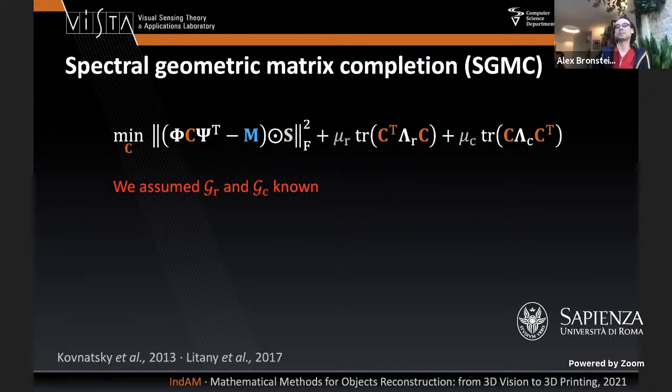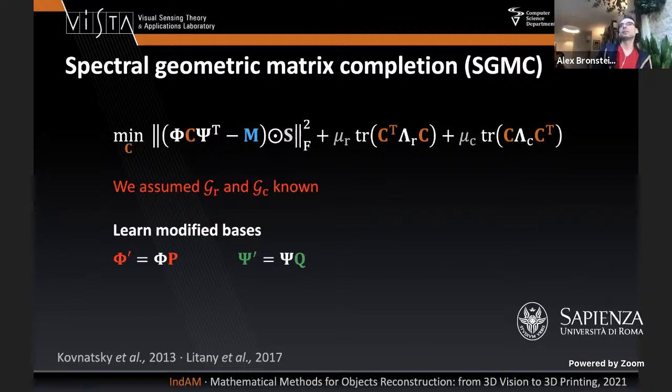The actual geometry is latent. I think we can reasonably assume that these graphs are somehow related to those latent graphs, but the actual graphs are not known. So I would like to depart from this assumption that GR and GC are known and actually modify these graphs. So I would like to learn these latent graphs, to reconstruct them together with the unknown matrix, rather than blindly relying on the given graphs.